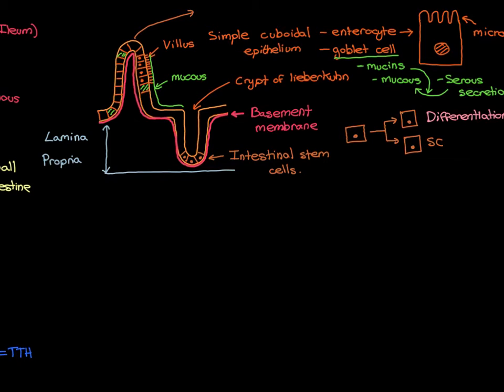The enterocytes are involved in passing nutrients from the intestinal lumen to their basolateral side, and those nutrients need to go into blood vessels or lymphatic vessels, so that they can go into the circulation and feed the rest of the body. So in this lamina propria, you're going to have arterioles, venules, and capillaries in between them, and you're also going to have lymphatic vessels called lacteals.